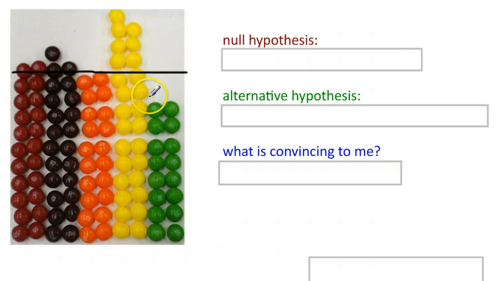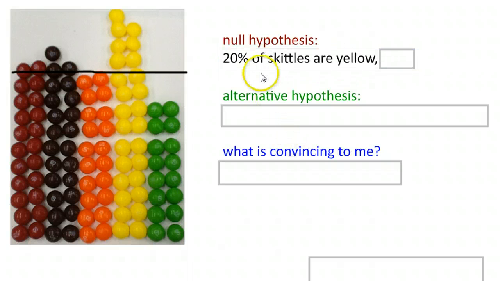Of course, it could be a little bit different because there's randomness involved, but in general, it's 20% for each color. So 20% of Skittles are going to be yellow, and since we're dealing with proportions, we're going to say P equals 0.2. So the proportion of Skittles that are yellow is 0.2.